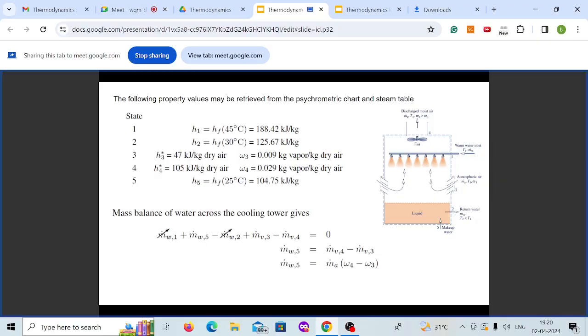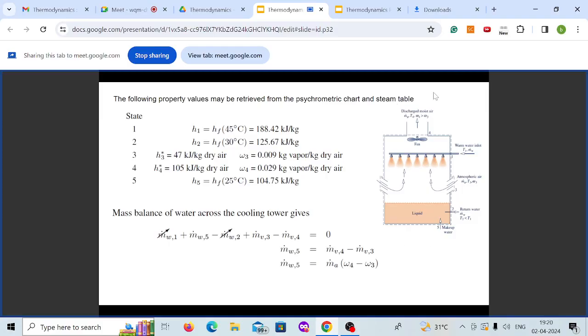So it will take away some latent heat, and that will cool the water. The water which is sprayed gets cooled and collected at the bottom, and you can send it back to any process. Because there is some amount of water which is lost in the process, you have to give some makeup water. So that's how a cooling tower works.